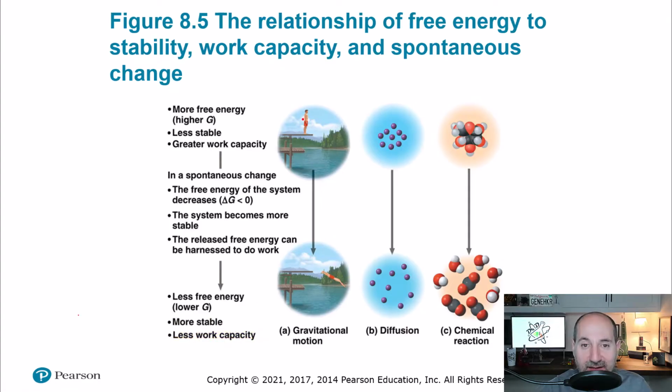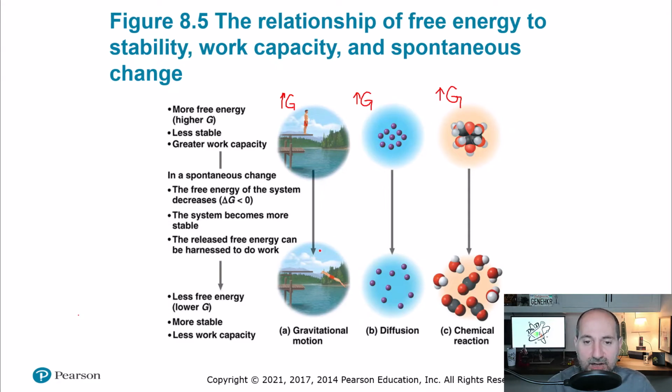Now again, just to review, these are all high, I put an arrow upwards, high G value states. This is a high G value, and this here is a high G value, a high free energy, right? The sugar molecule has high free energy.